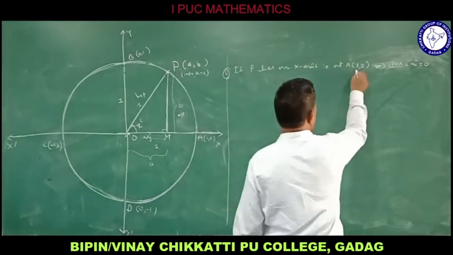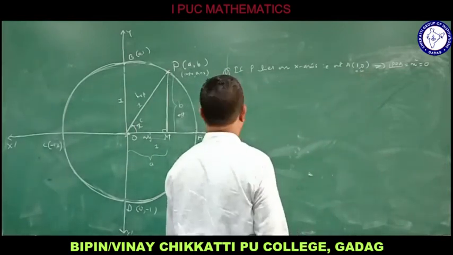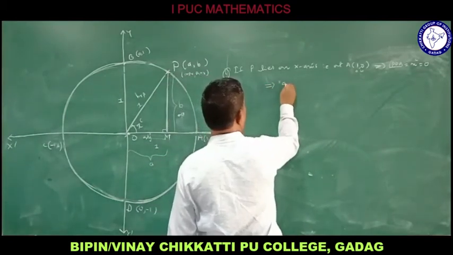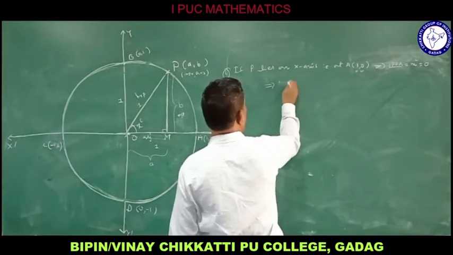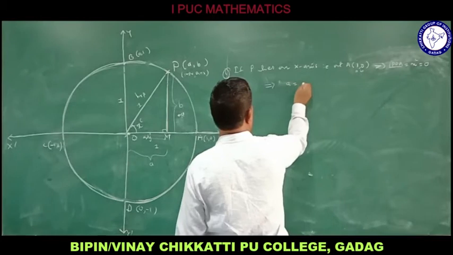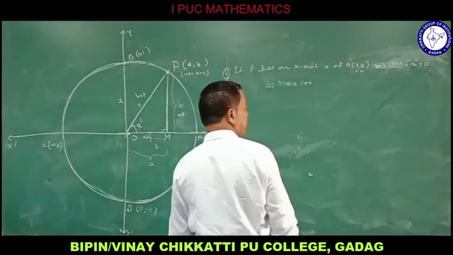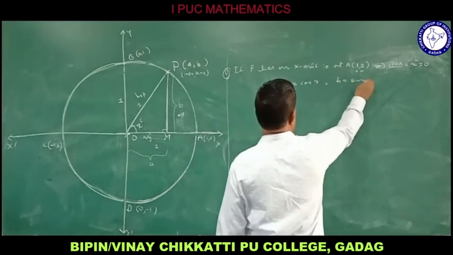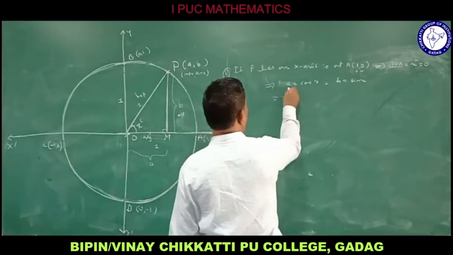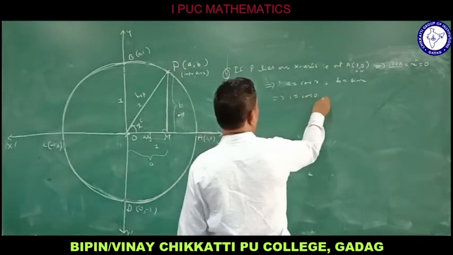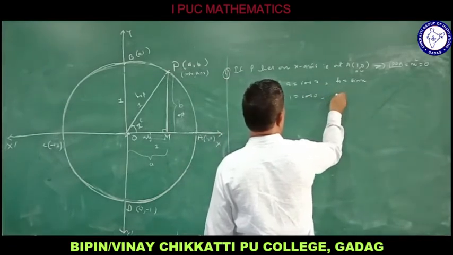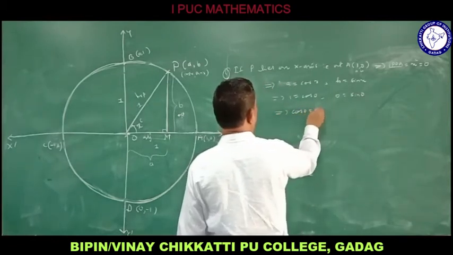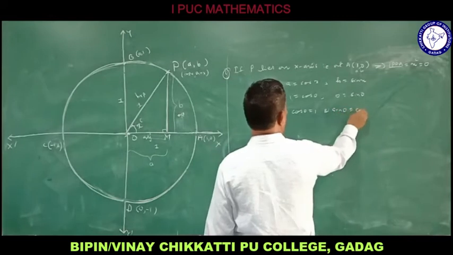Here you see this is A and this is B. When the point is here, A means cos X and B is equal to sin X. So 1 is equal to cos 0, and B, 0, is equal to sin 0. So cos 0 is 1 and sin 0 is equal to 0.